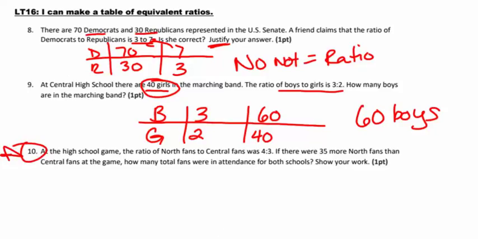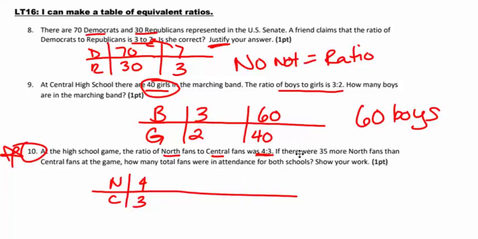We have not done one like this, so let's make sure you understand this. At the high school game, the ratio of North fans to Central fans is 4-3. There's my ratio, North to Central. So North to Central is 4-3. Okay? If there's 35 more North fans than Central fans at the game, how many total fans are there?